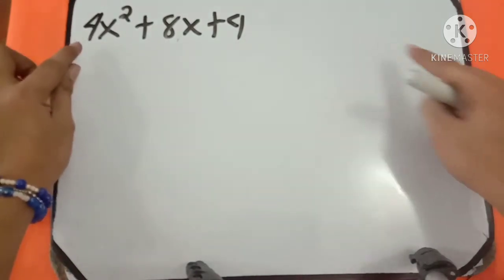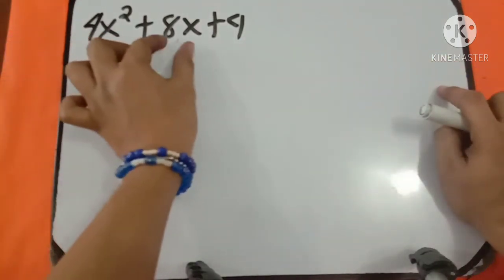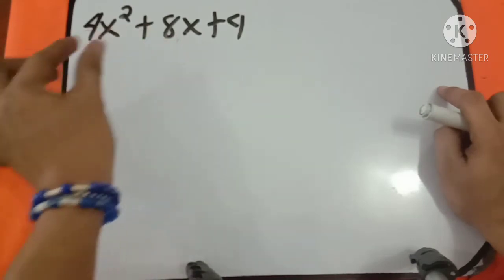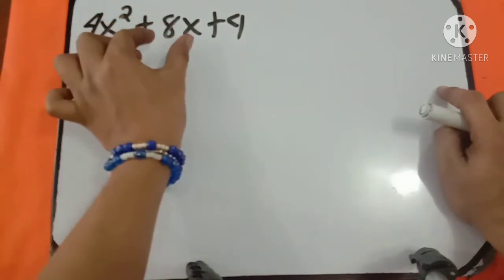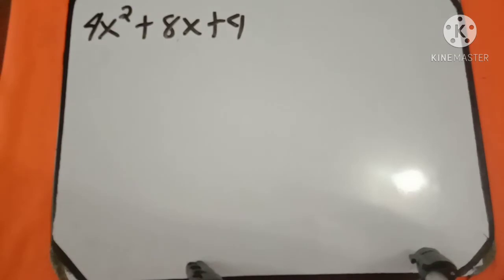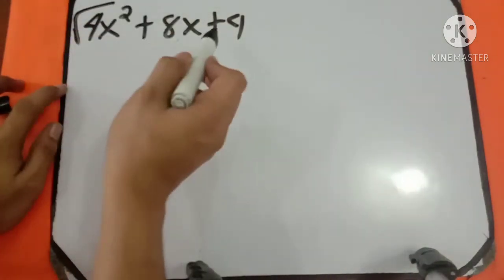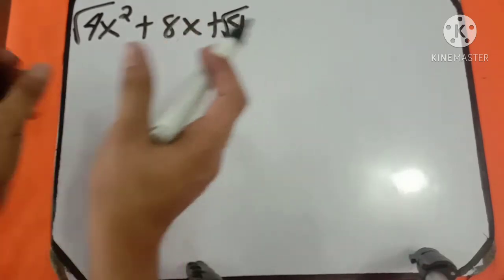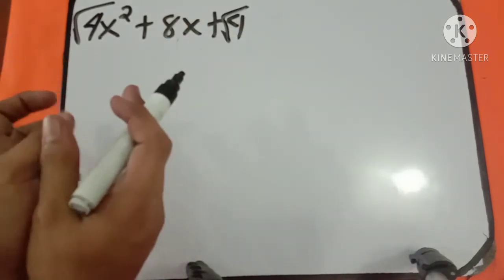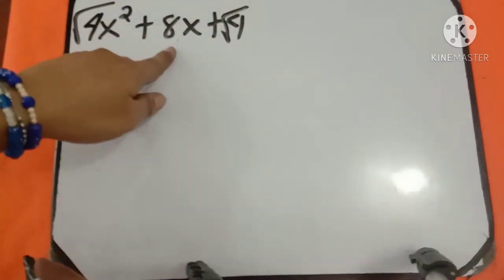Therefore, we can use the idea in getting the middle term. In getting the middle term, we simply square root the first term, square root the last term, then we multiply the answers, then we double, and we have now the middle term.